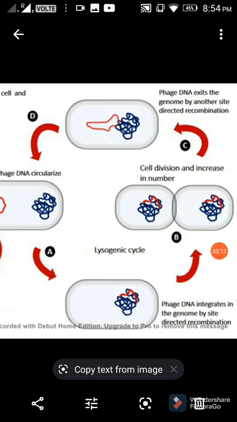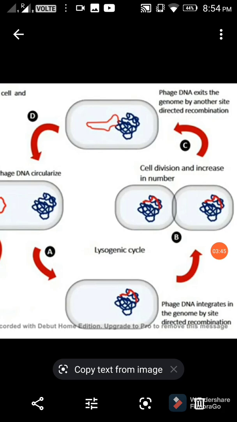The host cell can be termed a lysogen. When the virus DNA is integrated into the genome of the bacteria, as in figure A, it is termed a prophage, and the host itself is termed a lysogen.